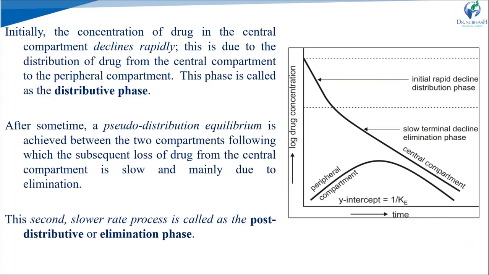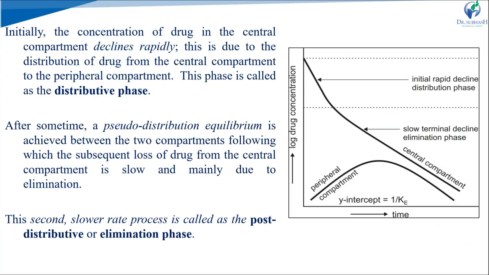In contrast to the central compartment, in the peripheral compartment the concentration first increases and reaches a maximum, because the drug distributes from central to peripheral. In the central compartment there is a rapid decline, and opposite to that, the peripheral compartment receives the drug, so the graph is increasing.